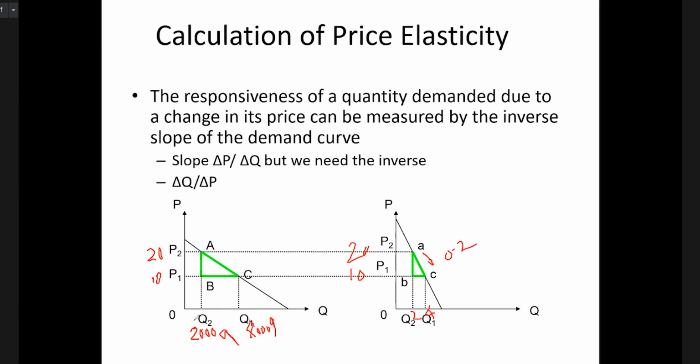Now, can someone calculate this one quickly? What is the slope? Change in quantity is now 2000. Change in price is 10. Right? One thing you need to remember, change in price is same, 10. Change in quantity was also same. It is 2 kilos, but in grams, that is 2000 grams. Now, what is the response?